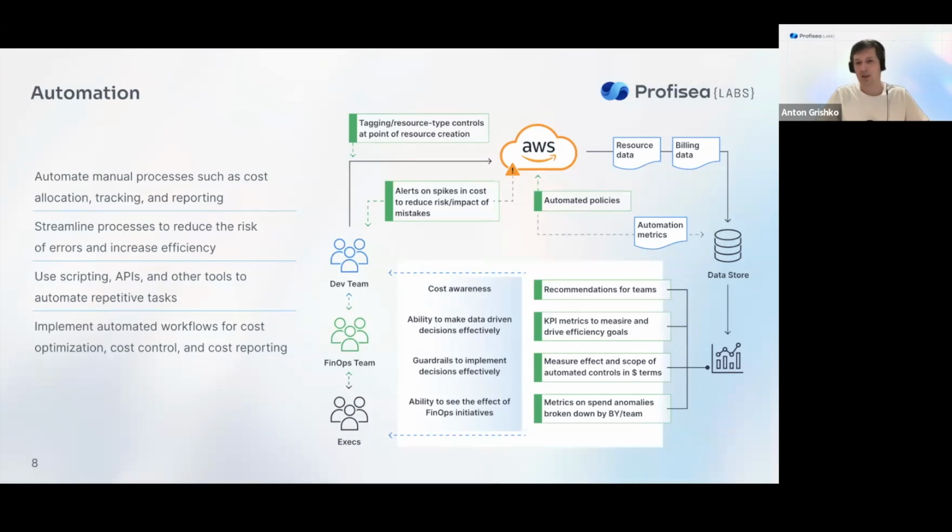But that's not the only place where you can add automation. There are a lot of places where you can add automation, and I encourage you to do that. It's really important for the FinOps process within the company to have automation.